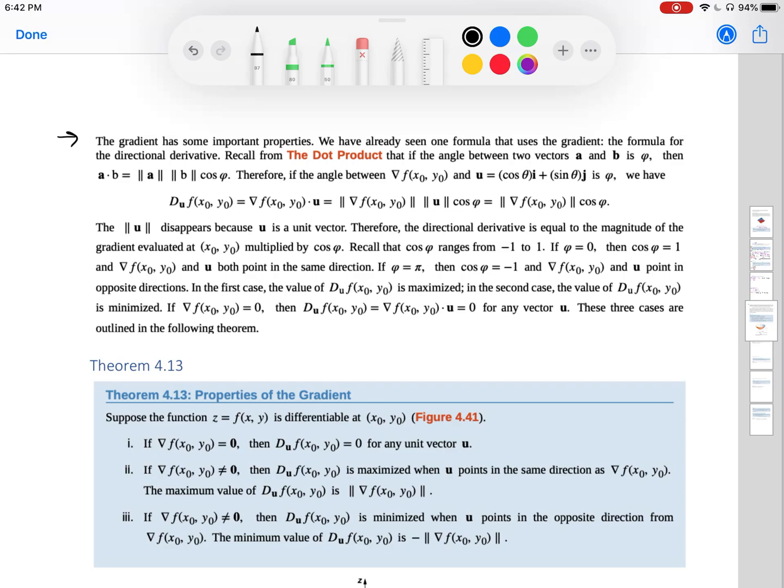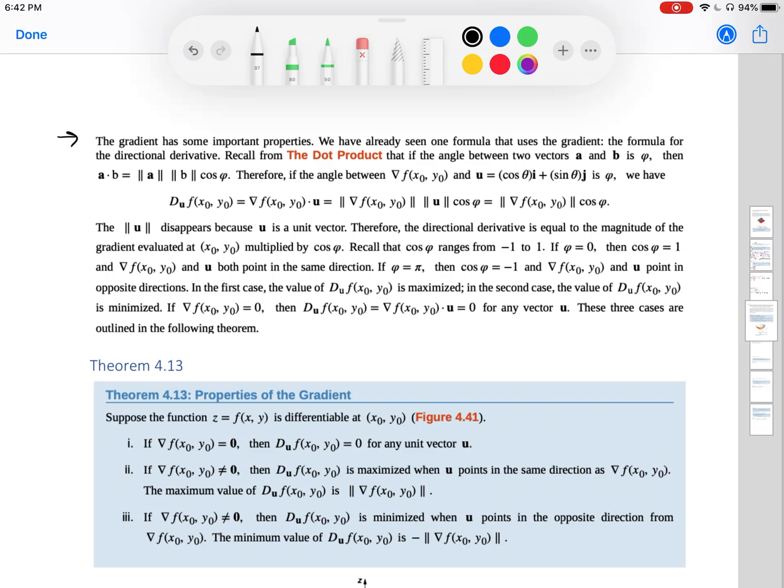Therefore, the angle between del f of x naught comma y naught and u equals cosine theta i plus sine theta j is phi. We have the directional derivative of f at x naught comma y naught equals del f of x naught comma y naught dot u.